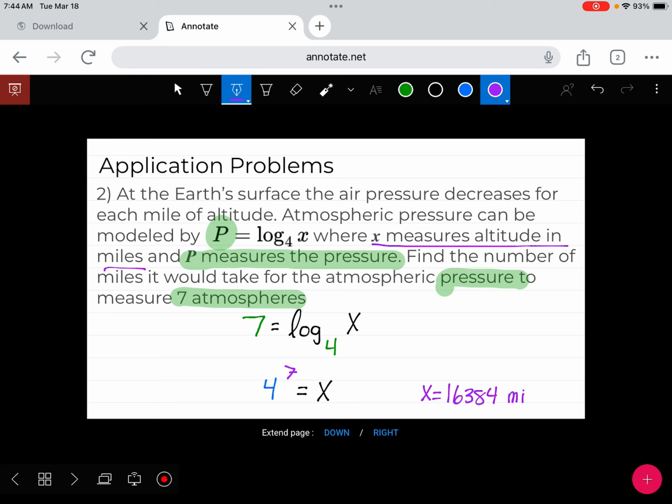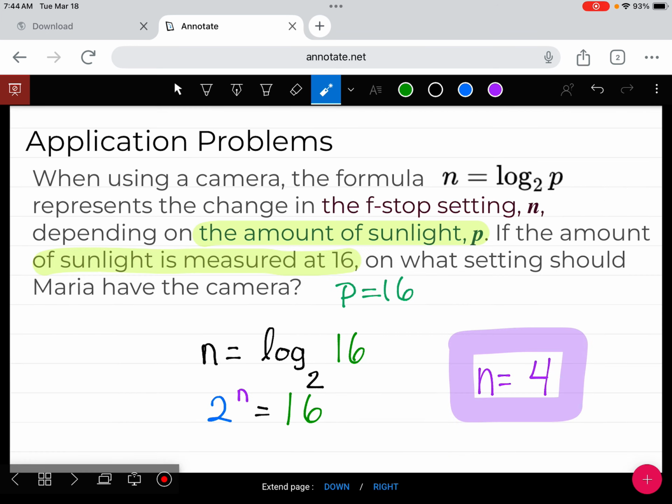But this is where these problems are coming from, being able to solve for pieces that are inside these formulas, being able to solve equations like this. Because what if it wasn't that the sunlight was measured at 16? What if it measured 15 here? Or what if it was something like 9, not a perfect power of 2? So we're working towards being able to solve this.